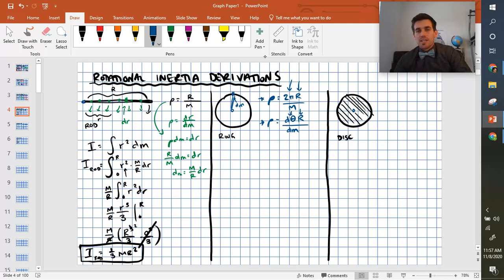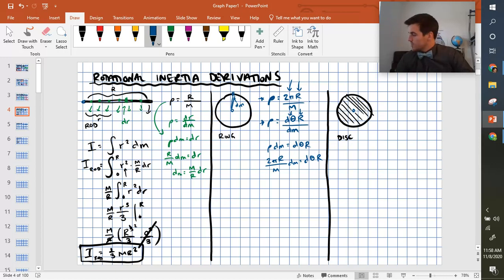So from there, I can do similar steps to what I did earlier, saying that rho dm equals d theta r. And then I can plug in this density formula in place of rho. So I can say 2 pi r all over m times dm equals d theta r.